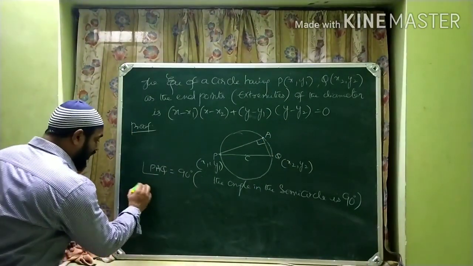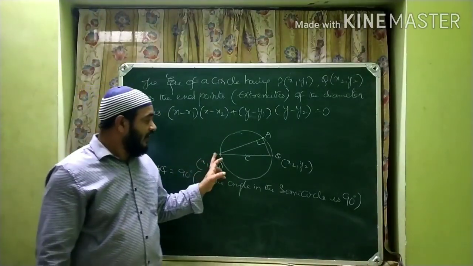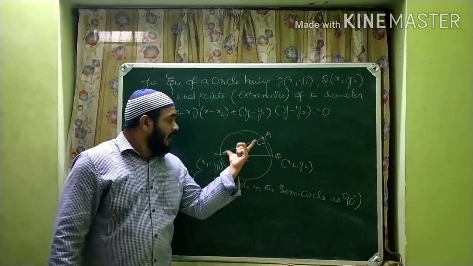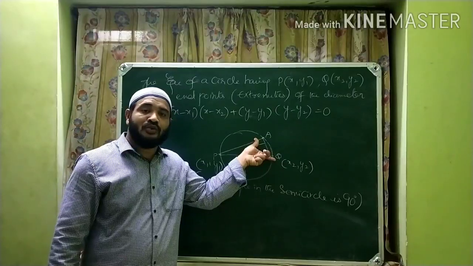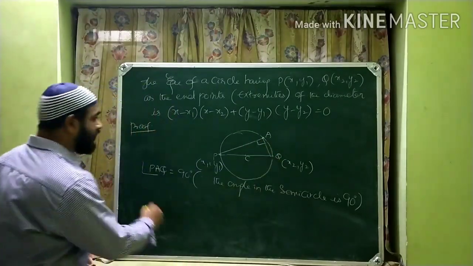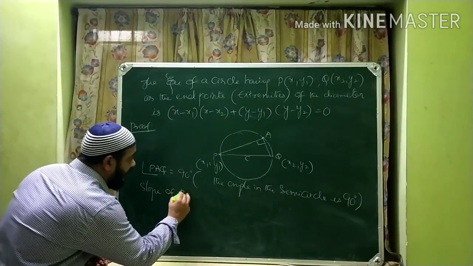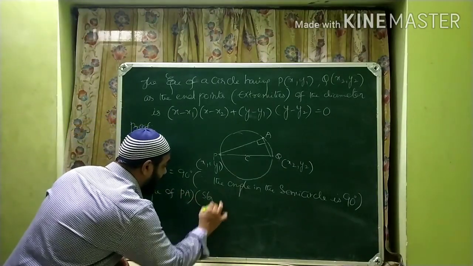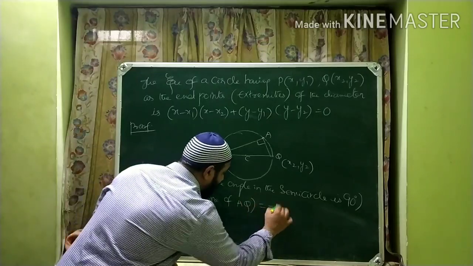That means whenever in straight lines we learned, whenever PAQ is equals to 90 degrees, then the slope of PA into slope of AQ is equals to -1. Product of the slopes, they are perpendicular to each other. That means slope of PA into slope of AQ is equals to -1.